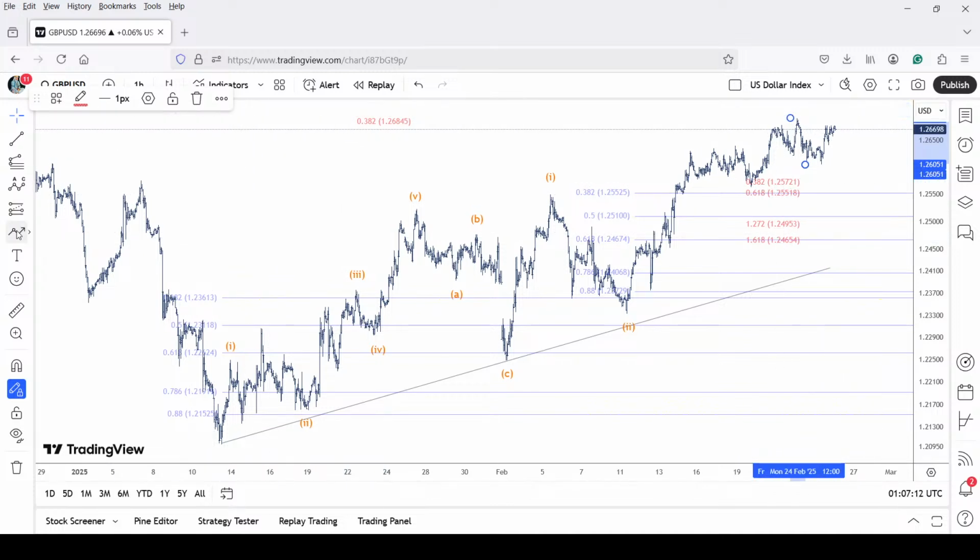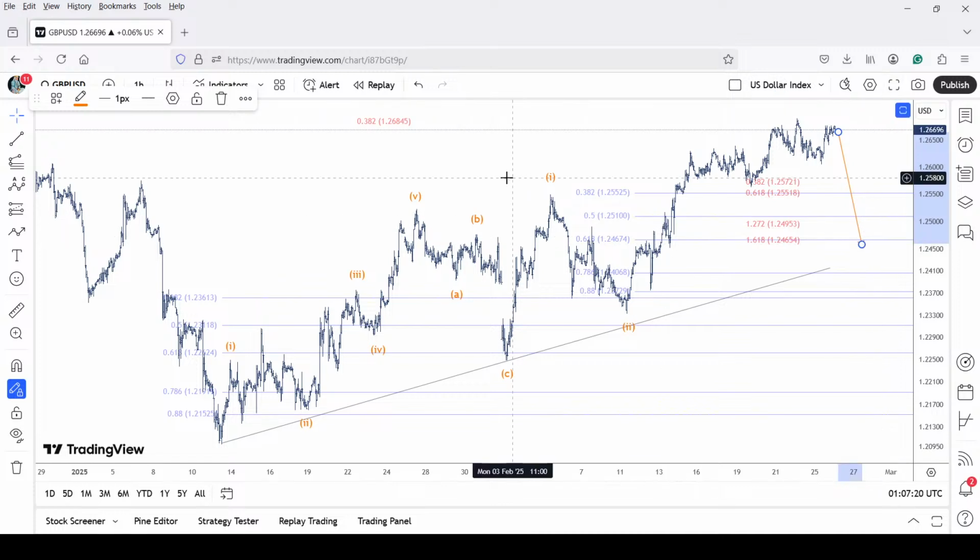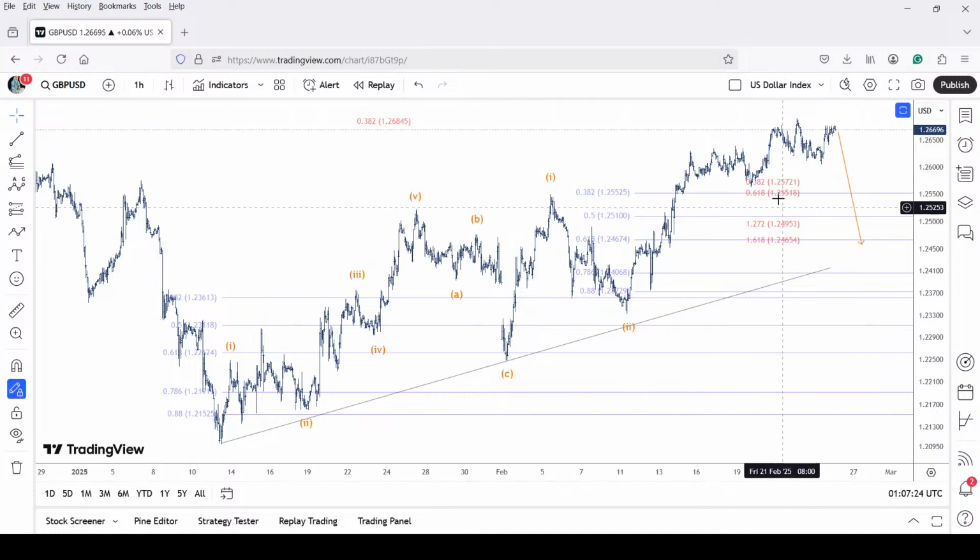All right, so that looks like a potential decline underway and then a rally. All right, so let's keep it as it is, and we'll come back in the next session and take it from there.